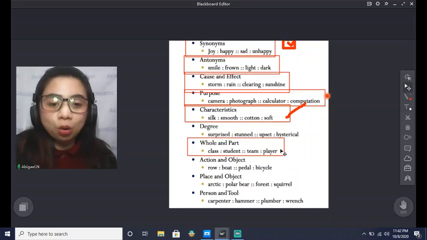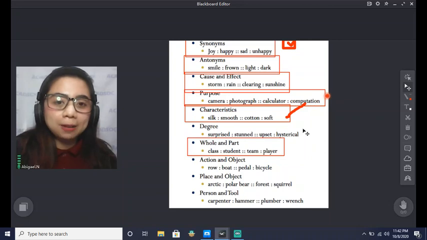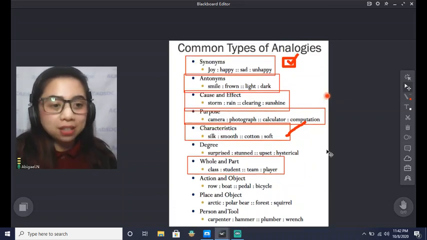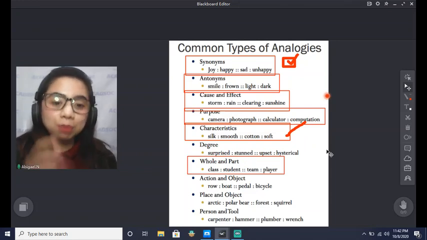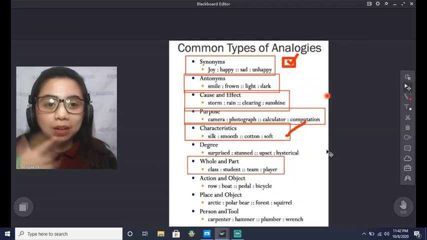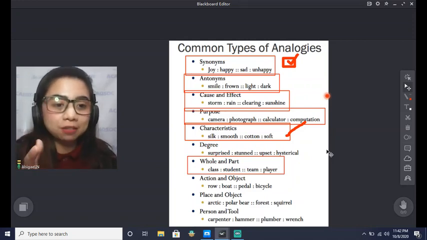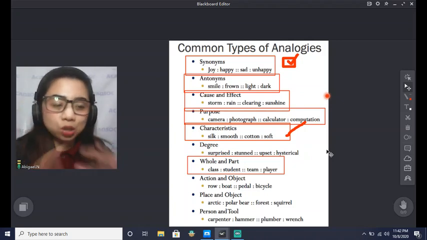So this is whole and part. But in the modules provided by DepEd, it's written there that the type is actually part to whole. Maybe so you won't be confused, because you're going to use your module, let's just switch the words.